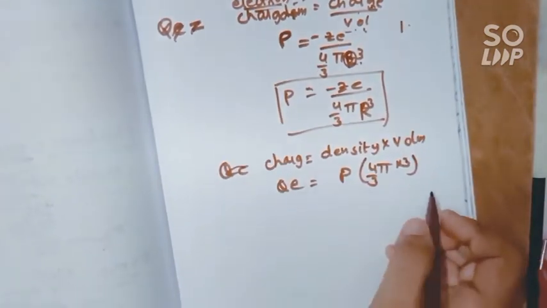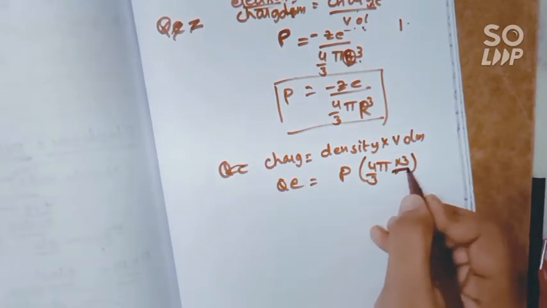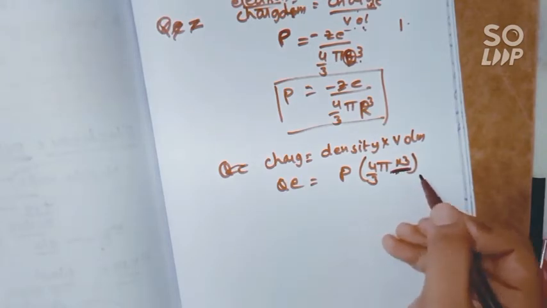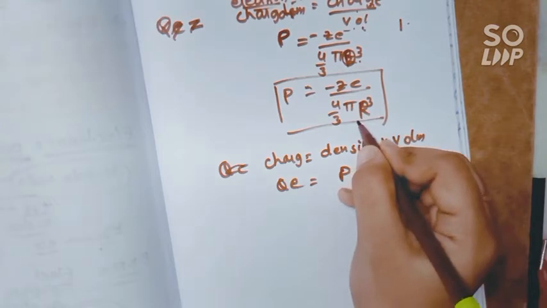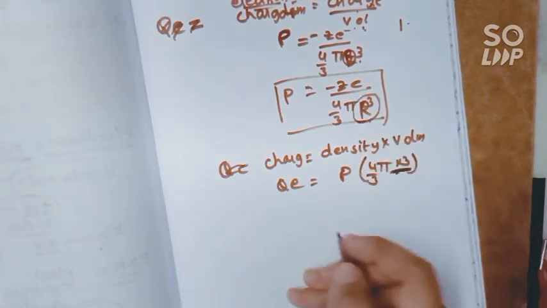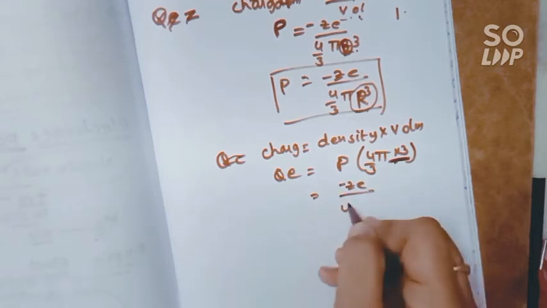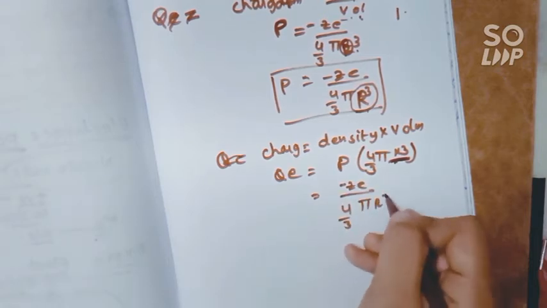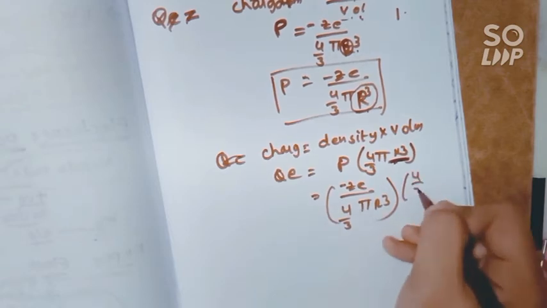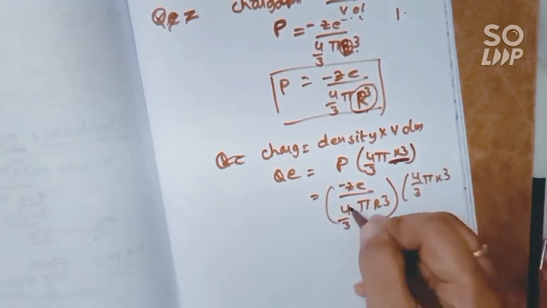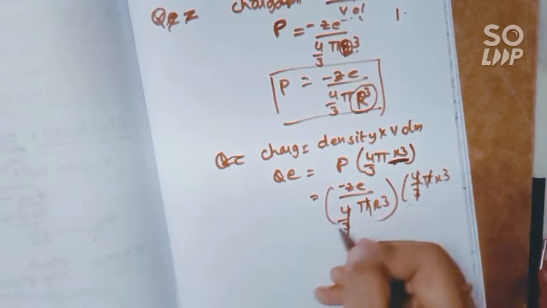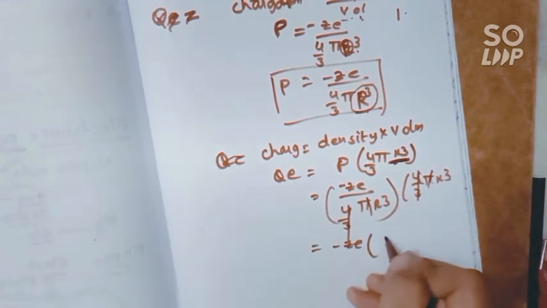Here we need to take the total radius of an atom. Now rho can be written as minus Ze by 4 by 3 pi r cube, into 4 by 3 pi x cube. Now 4 by 3 pi gets cancelled, and we can write minus Ze into x by r whole cube.